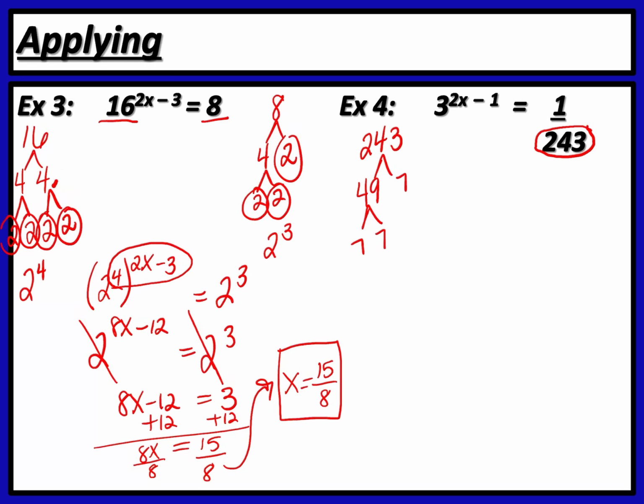Nope. No. What am I doing here? I'm all turned around. Thinking it's 343. 243. Okay. So I'm going to do 81 times 3. This is 9 and 9.